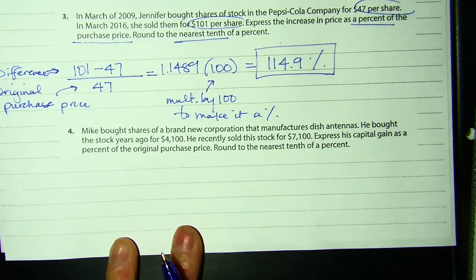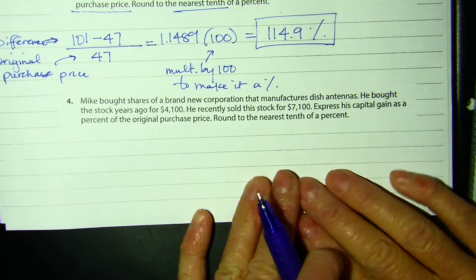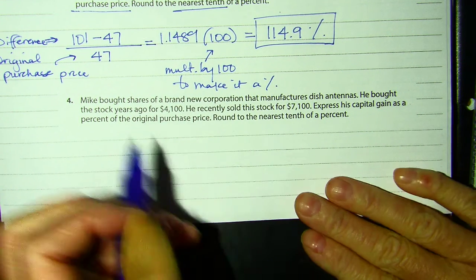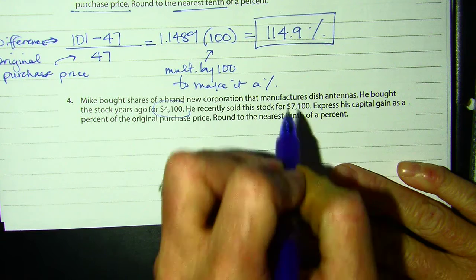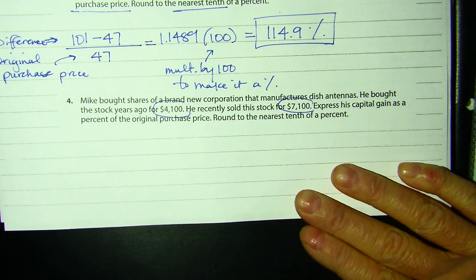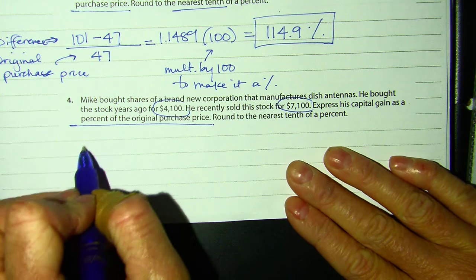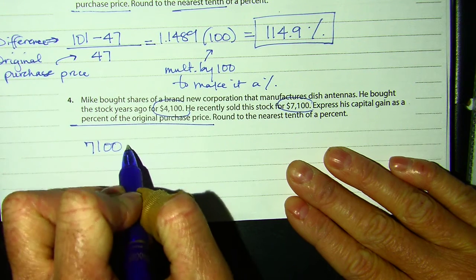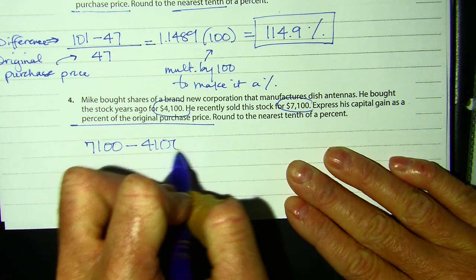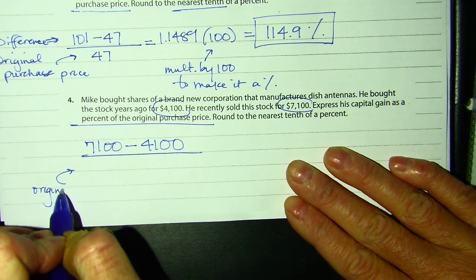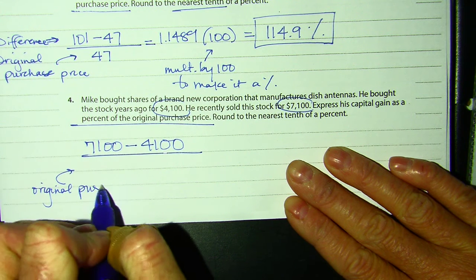Number 4, Mike bought shares of a brand new corporation. He bought the stocks years ago for $4,100. He recently sold it for $7,100. Express this as a percent of original purchase price. So you find the difference, but you divide it by the original purchase price.